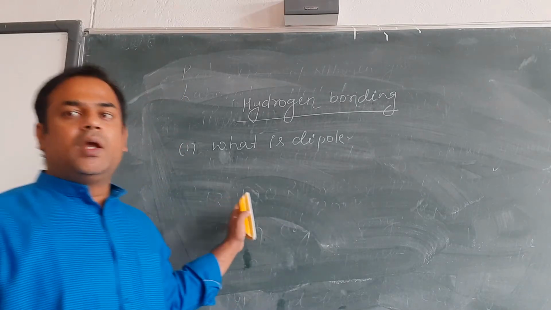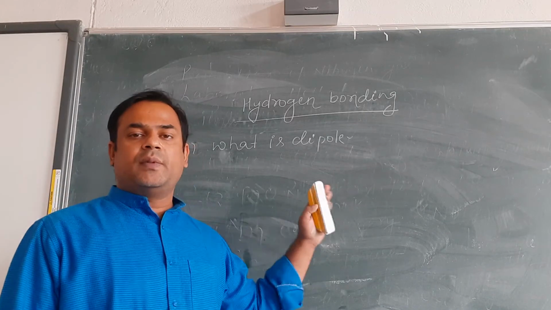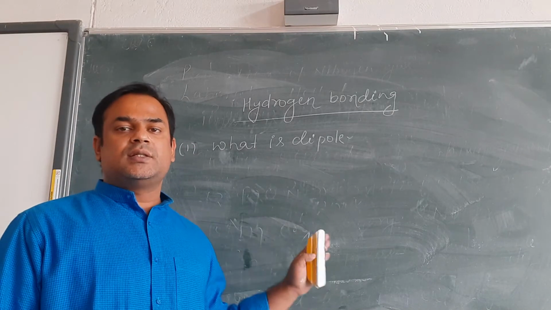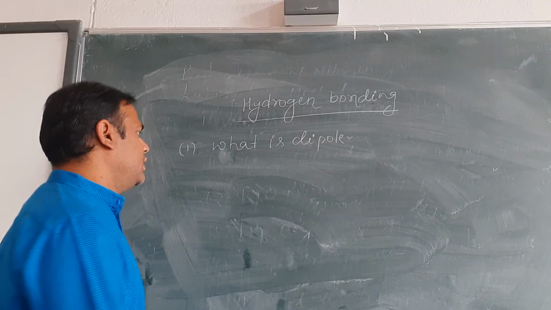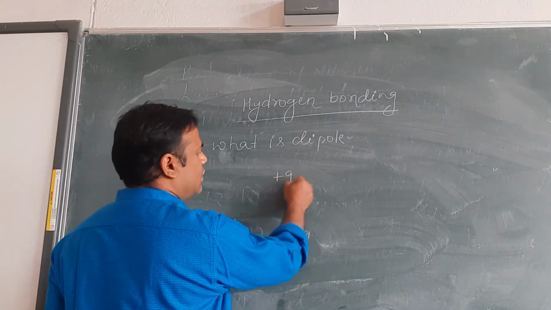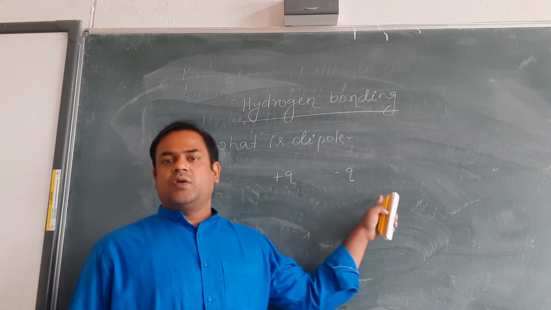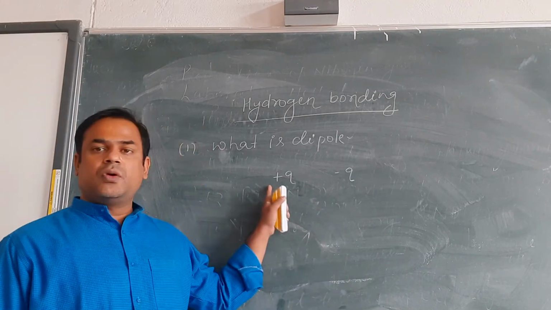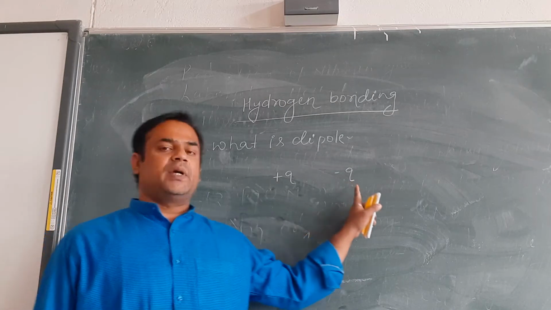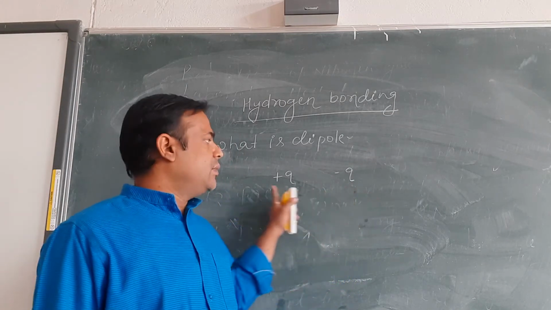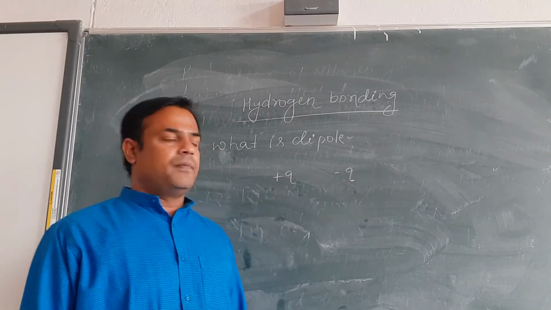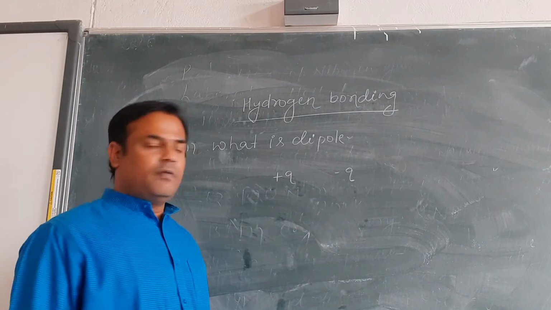When two equal and opposite charges are separated by very small distance, then such system is called dipole. For example, if you write here plus q and minus q, both charges are equal in magnitude. Magnitude of this charge is q as well as magnitude of this charge is also q. Magnitude of both the charges are same, and it is separated by very small distance.